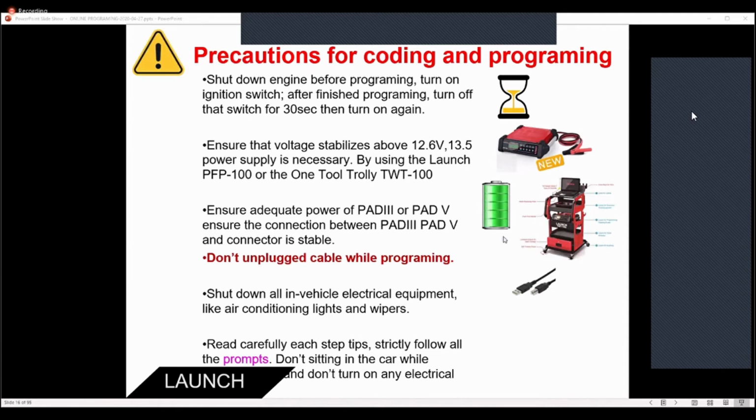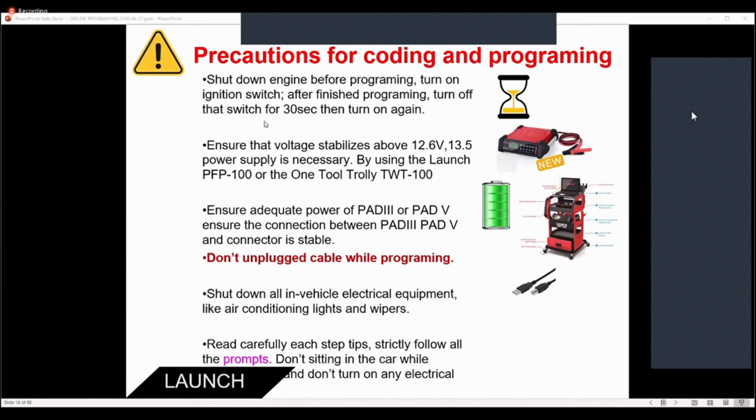The module can't be reprogrammed again, and then you will have to replace the module. Most cases it's because a lot of people don't take the steps, because battery voltages go down. The vehicle is actually running. Some people actually try to do it running in some form, I don't know, to keep the battery charged up.